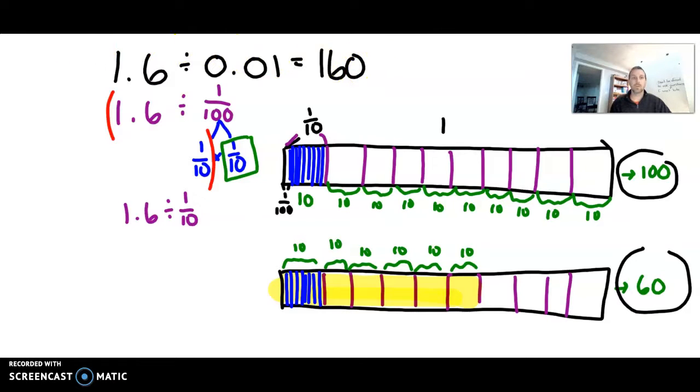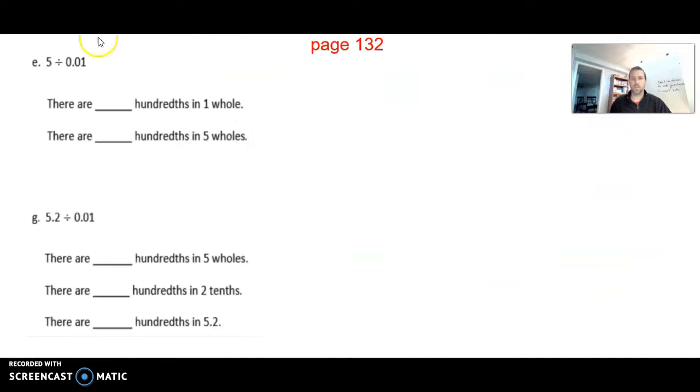So if we go now into our workbook, page 132, if I was doing this mentally, and knowing that it's really 5 divided by 100th, this would be a great time for anyone who feels pretty comfortable with this to pause the video, try to solve them, and then play it again to see how you did.